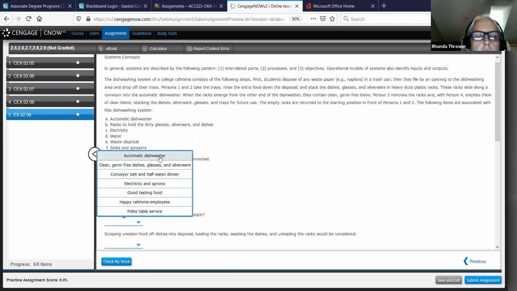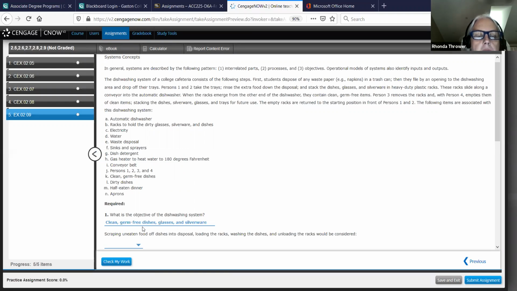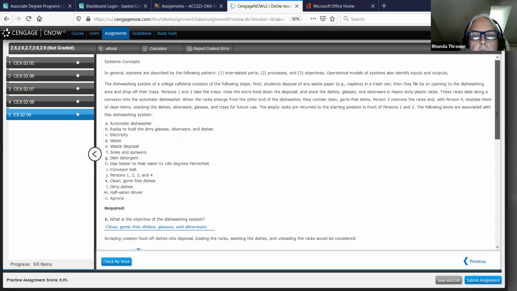If you are looking through this list, the clean, germ-free dishes and glasses and silverware are what we want to have as an objective of this dishwashing system. So the overall objective of this system, that's part number 3, is that we want clean dishes, clean, germ-free glasses and silverware. Clean dishes are our objective of the cafeteria.